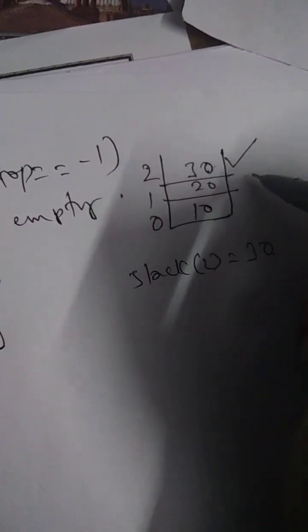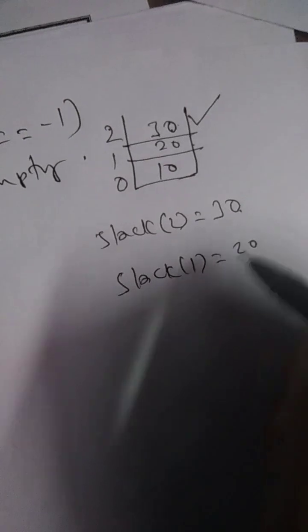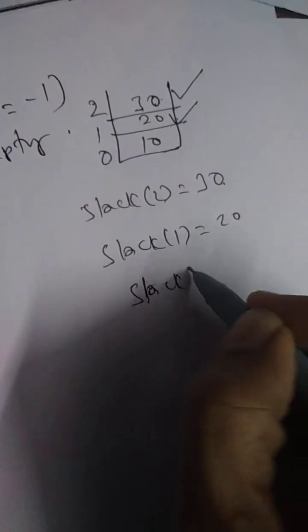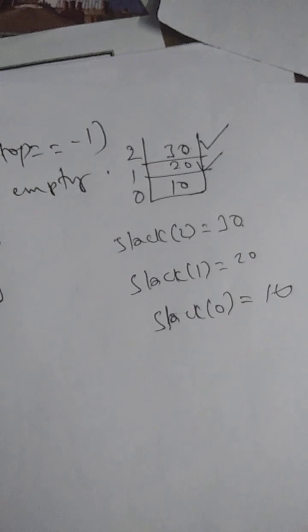You already displayed this element, and now decrement the top value, that is 1. Stack of 1 is 20, and next this element is displayed. Last, stack of 0 is 10. Then you have to decrement the value to -1.